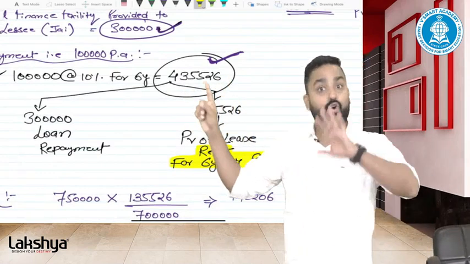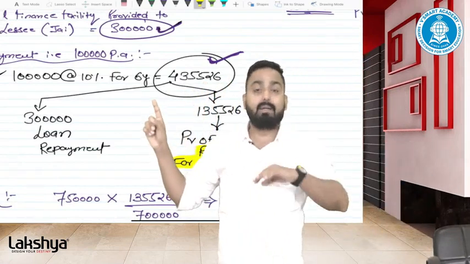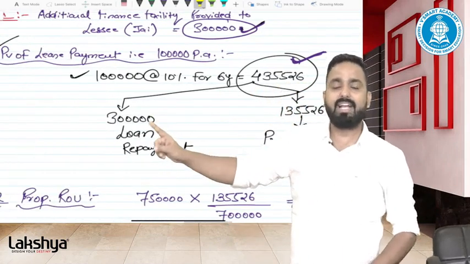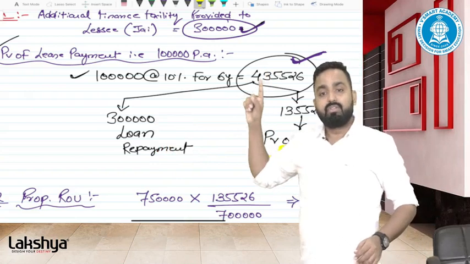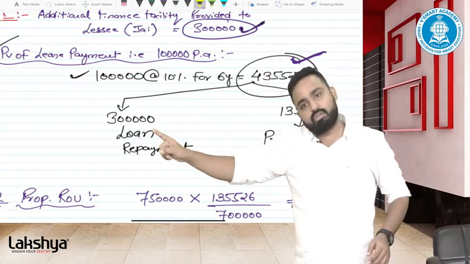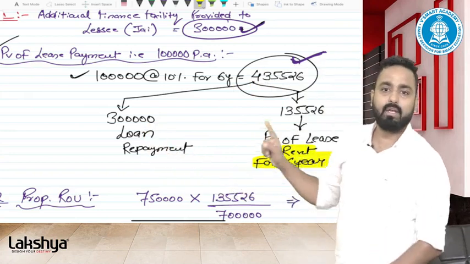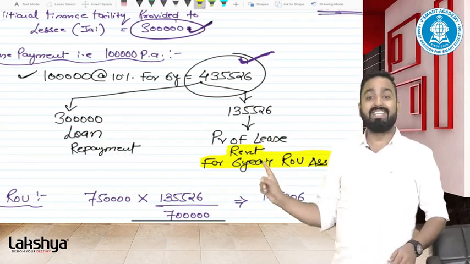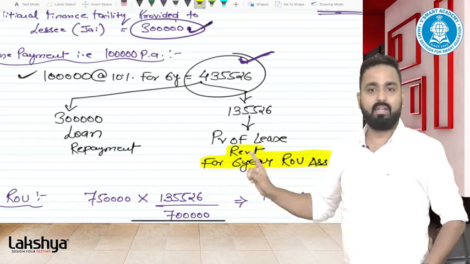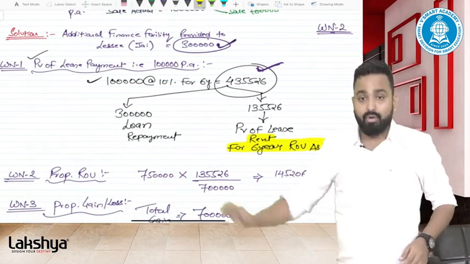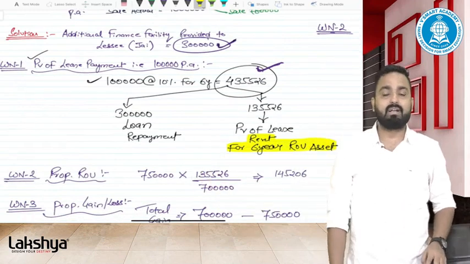So this is the present value of overall 1 lakh. We know that the payment includes the repayment of finance of 3 lakh. So out of this, 3 lakh has been deducted. So the rest is the present value of the lease rent part. Understood or not? So tell me, working note number 1 clear or not?